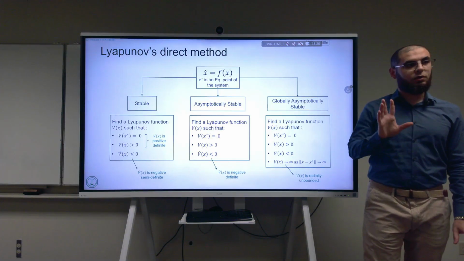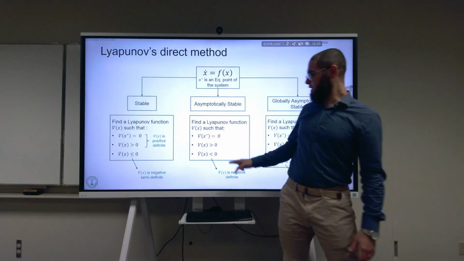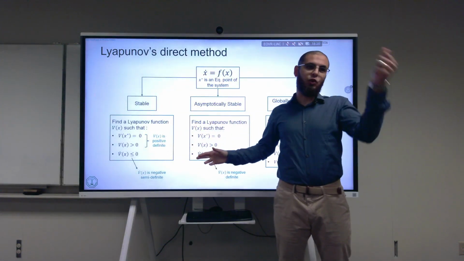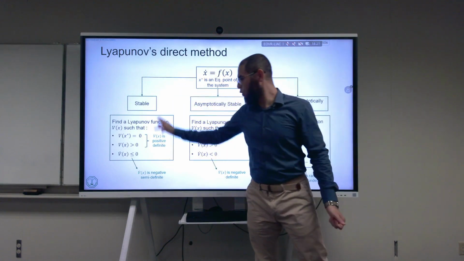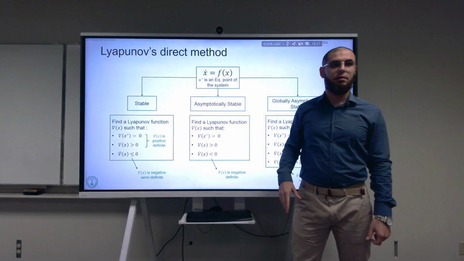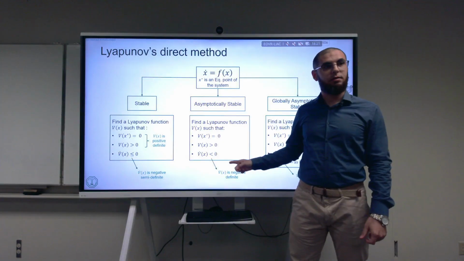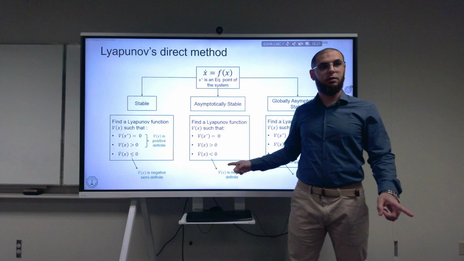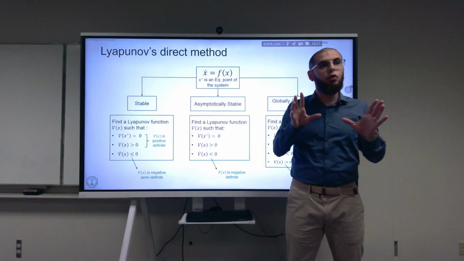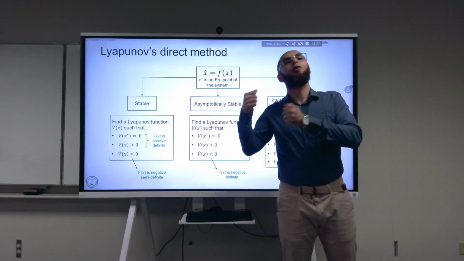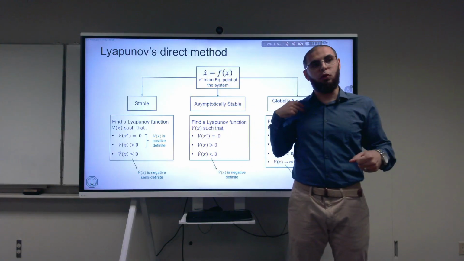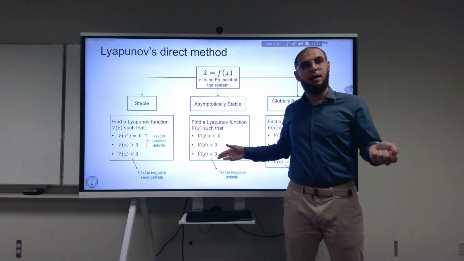So if I find a function that satisfies this criteria, automatically it's stable. But you could have chosen another function with which you're able to show only this criteria. If I choose a function that does not fulfill the criteria of asymptotic stability, and you choose a function which fulfills that criteria, then for you, you have a proof that the equilibrium point is stable, and I have a proof that the equilibrium point is asymptotically stable.